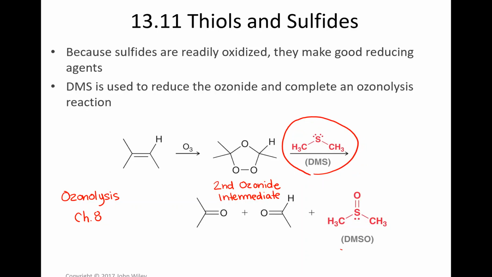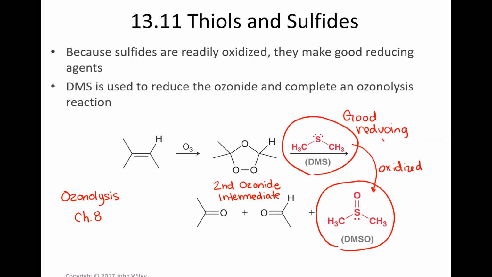the dimethyl sulfide reacts to form dimethyl sulfoxide. So it's essentially been oxidized, and thus we call it a good reducing agent because it's so readily oxidized. And what does it do in the ozonolysis reaction? We can first show these lone pairs on oxygen.